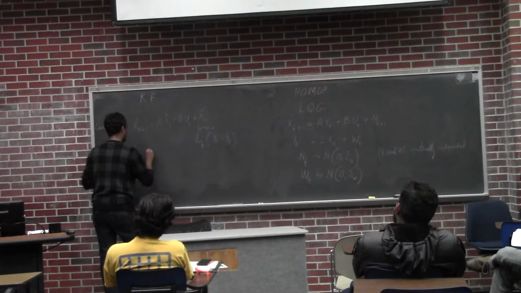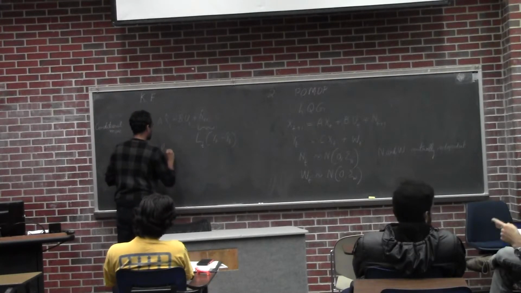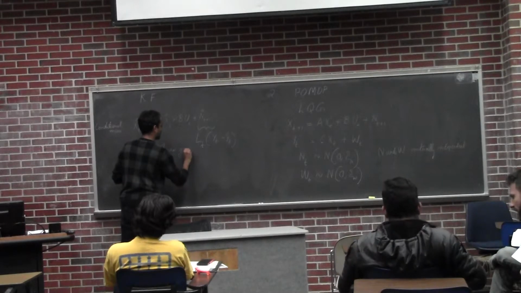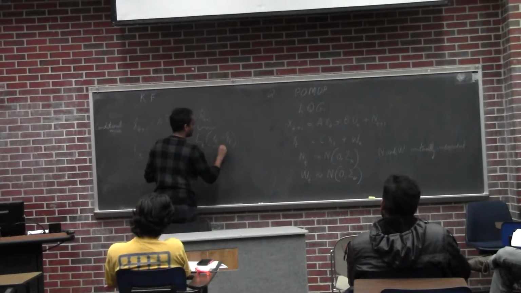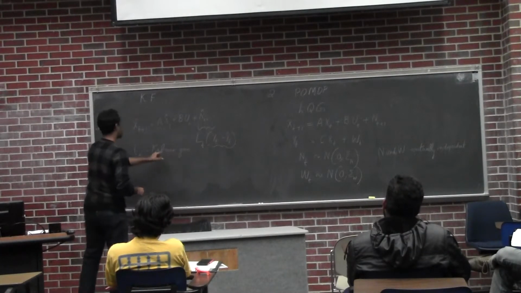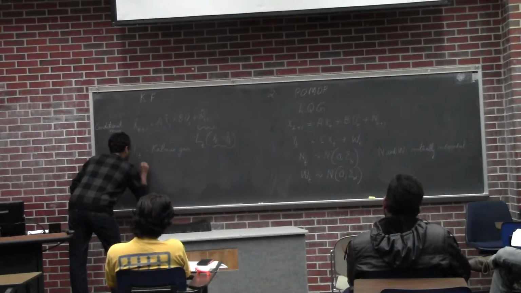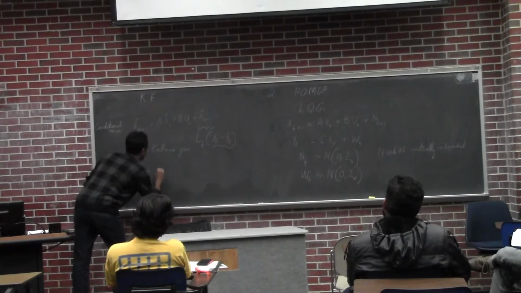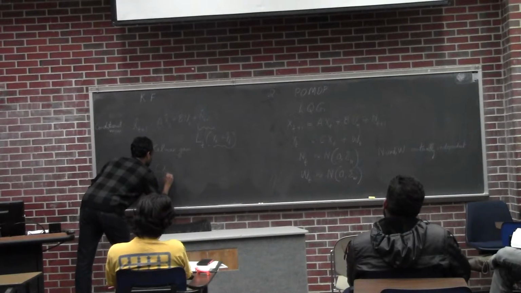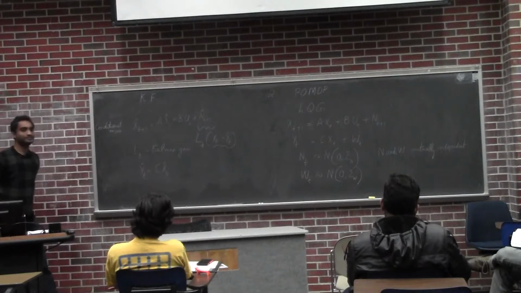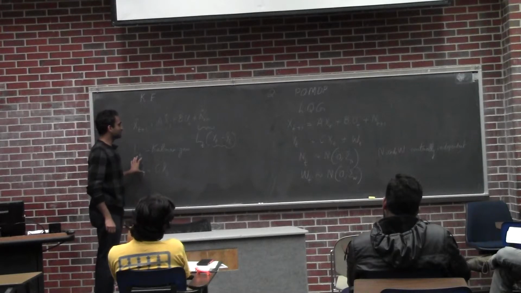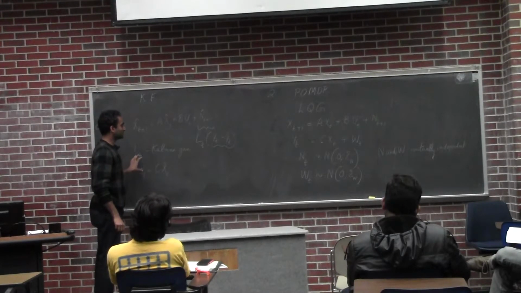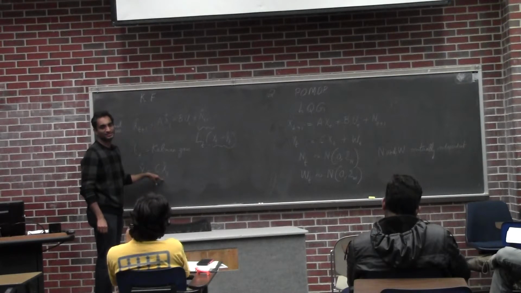L_t here is what you call the Kalman gain. And y_t minus y hat_t: y hat_t is the estimate of the observations based on the estimates of your state.